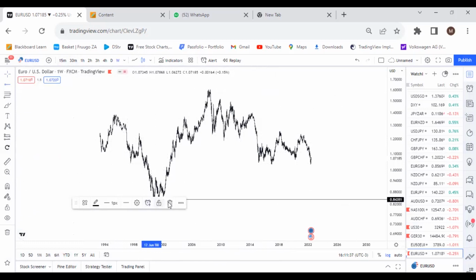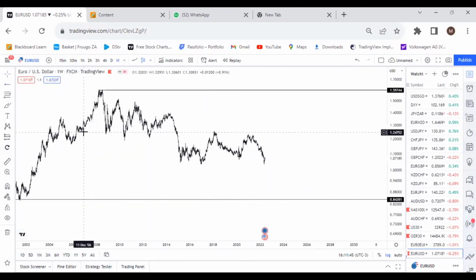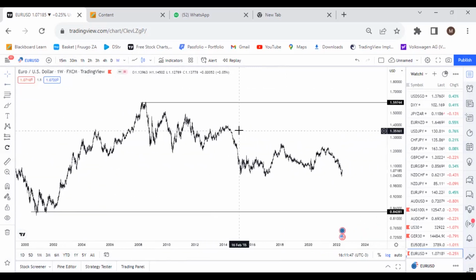So this is our lowest point, and this is our highest point. As you can see, the price has just been going sideways without really having a distinct direction.